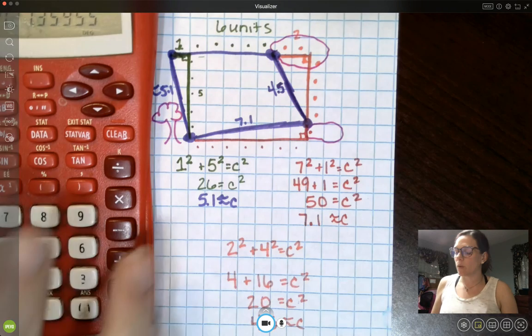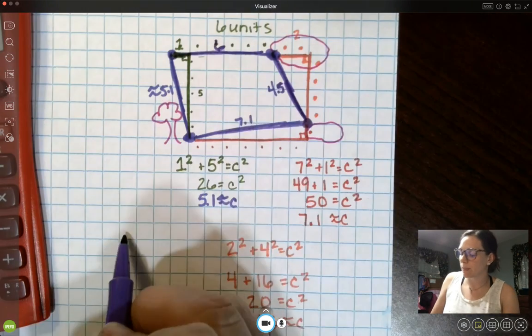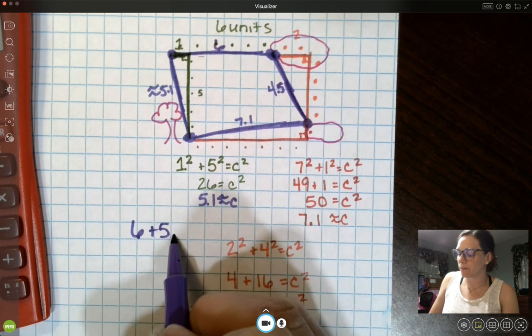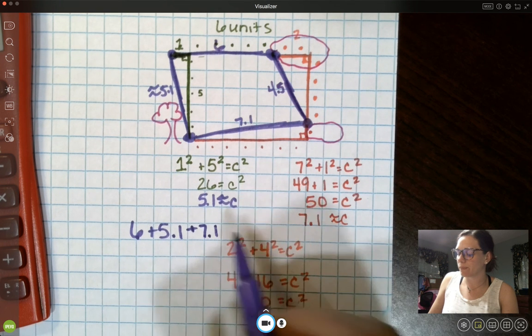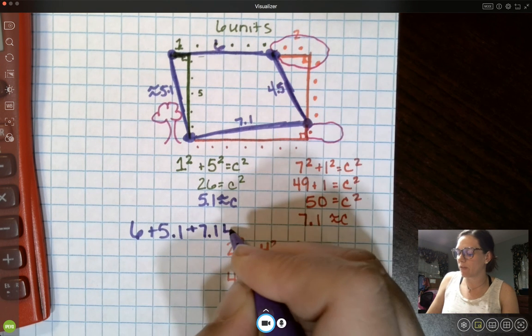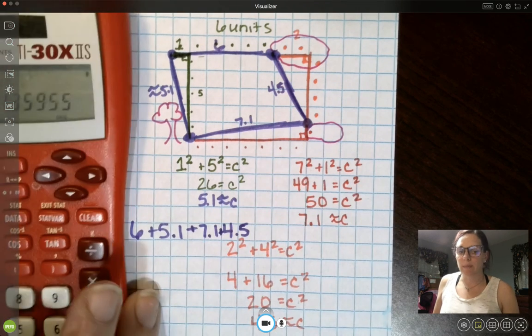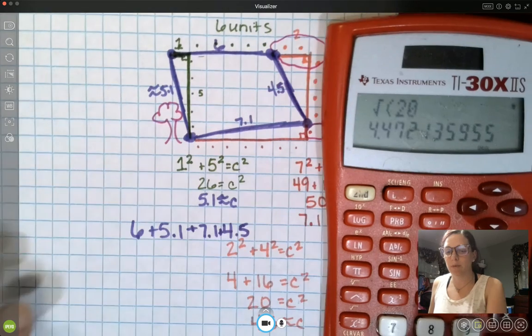So we have the top part is 6. We have this side of 5.1. We have this bottom of 7.1. And we have the side of 4.5. So I would then take my calculator because it's asking, how much material do I need to build this border?